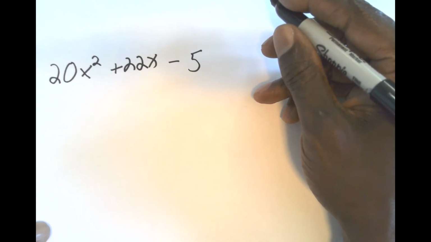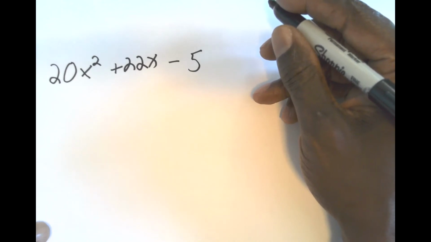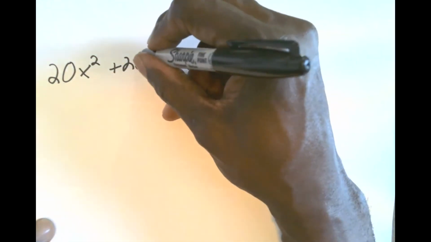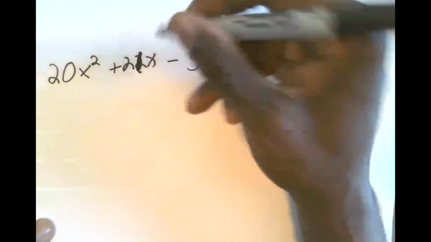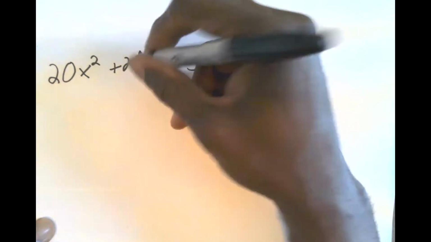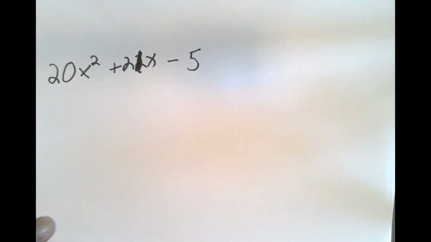That actually, I don't think that's the problem I wanted. Let me look at this again. I was thinking about two different things. So I'm going to make this 21x. I apologize. Let's make that 21x. All right, so please forgive me, math gods. You know my intent was genuine.